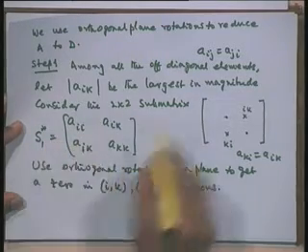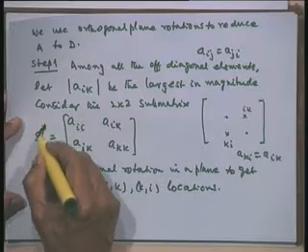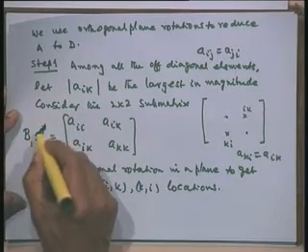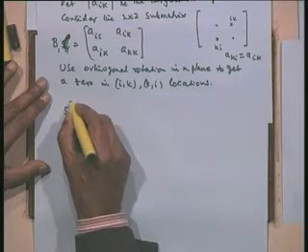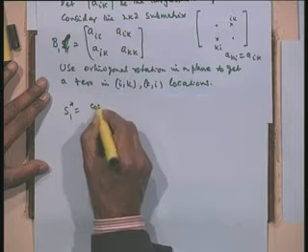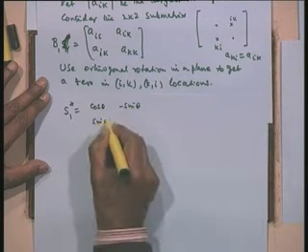Let us call this submatrix B1. Now, let us take the orthogonal matrix in the 2 dimensional plane, which gives the required rotation, as S1 star equal to cos theta, minus sin theta, sin theta, cos theta.